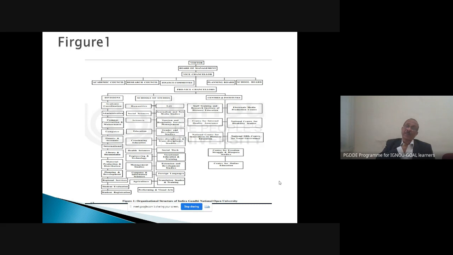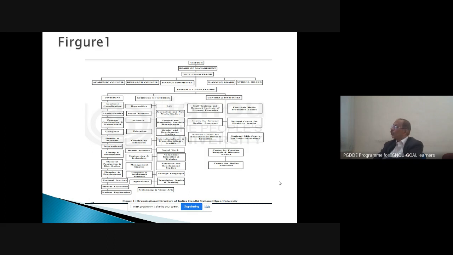Then the research council gives direction to research, whether doctoral or postdoctoral research, or systemic research. Then we have the finance committee to look into financial budgeting and expenditure, and the planning board for strategic and long-term planning.